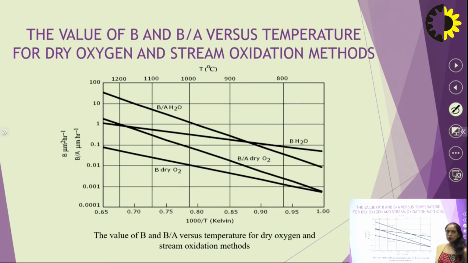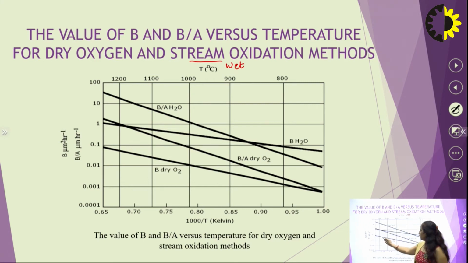This graph shows the value of B and B by A versus temperature for dry oxygen and wet oxidation rate. Steam oxidation is none other than wet oxidation. We have the temperature on the x-axis and the growth profile on the right axis.